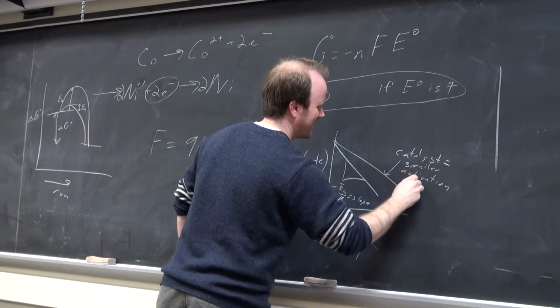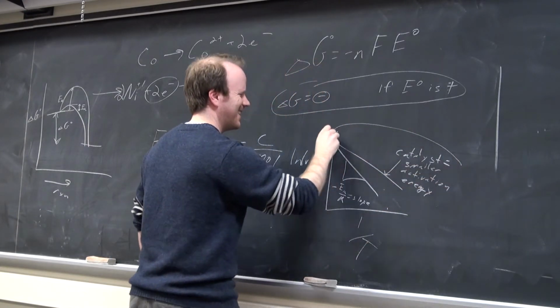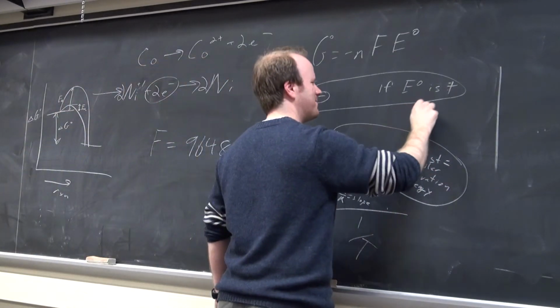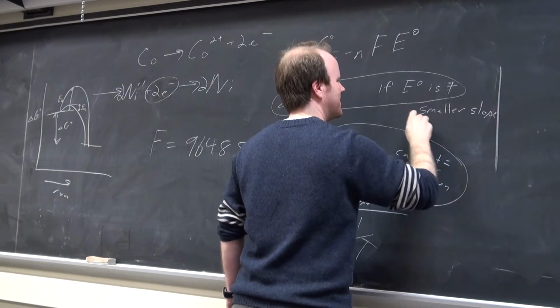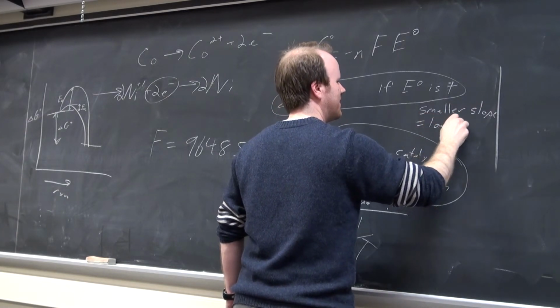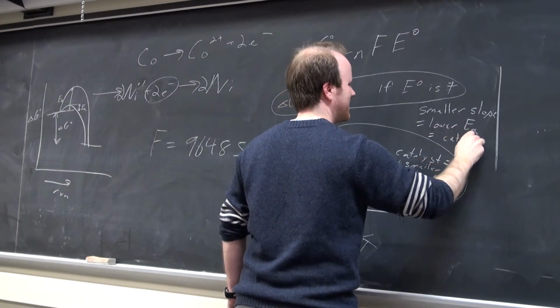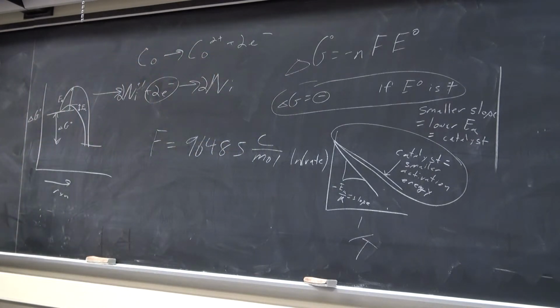So which one is the catalyst? The one with the smaller slope. Smaller slope equals lower EA equals catalyst. I was thinking faster rate catalyst. Okay. Smaller slope, so smaller activation energy catalyst. Okay.